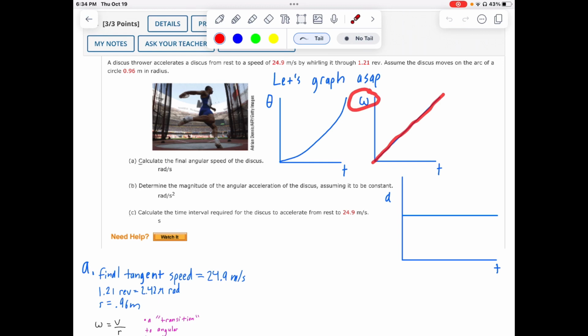Our angular velocity is important. So angular velocity increases steadily, and so if velocity is increasing, more radians are covered in less time. Sorry, you've got to get used to the new terms.